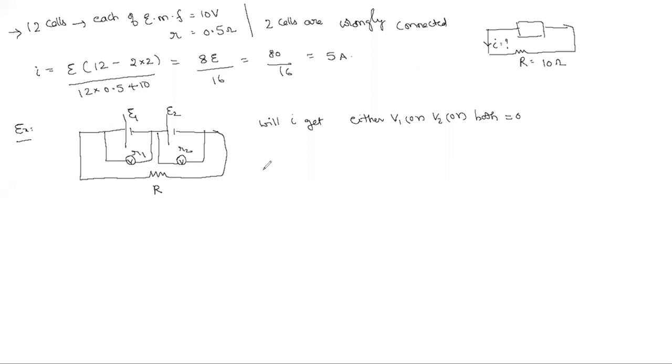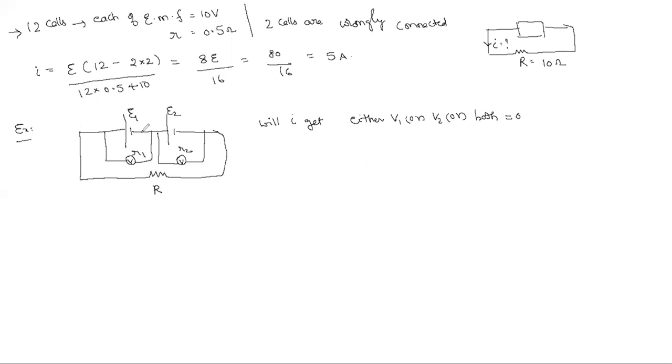Sure? Sir, if no current flows it cannot take the reading, sir. If no current flows, meaning here you only tell no current flows through the circuit. If E1 and E2 are the same, even though E1 equals E2, is the net EMF 0?